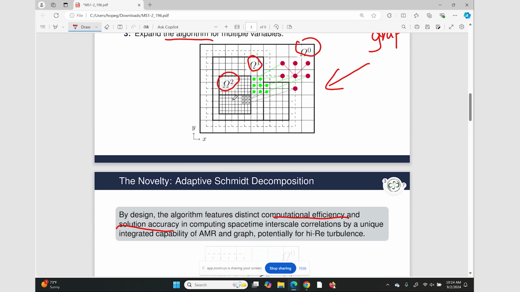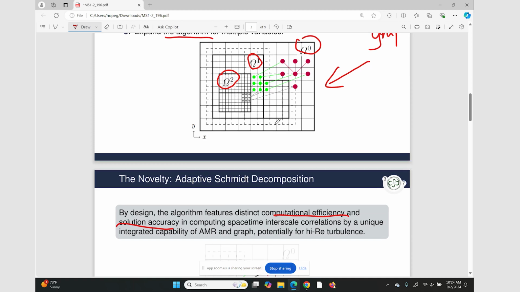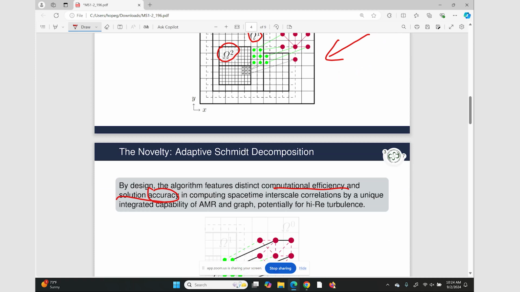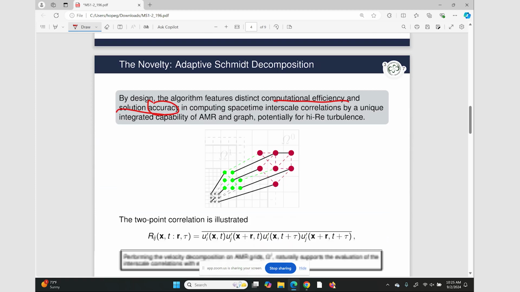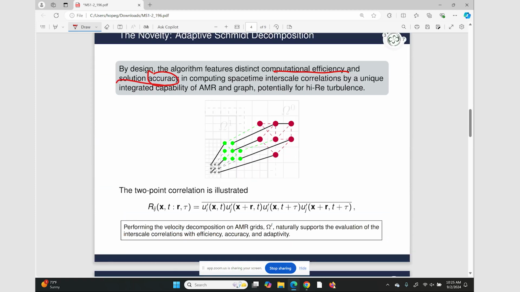That is obvious, we know that from adaptive mesh refinement. But where does the accuracy actually come from? In fact, this is very interesting, supporting the turbulence nature. The space-time interscale correlation benefits from different resolutions. If you take these three grids and compute the correlation between any two levels of resolution, it gives you higher accuracy.